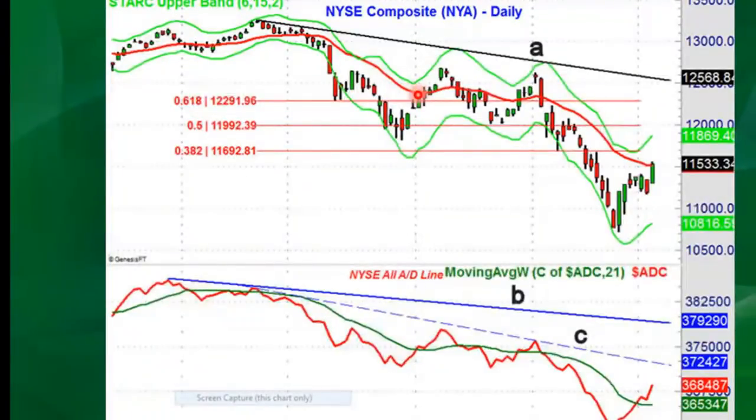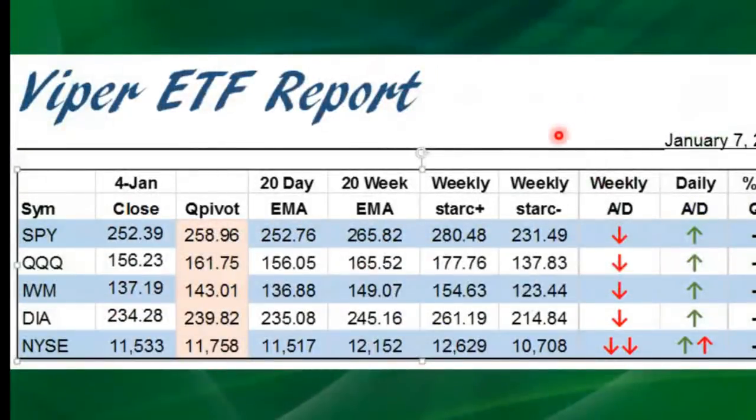And at this point, it made a low, higher low, but still in a downtrend, a lower low, lower high. And of course, rallies back to the 20-period EMA, I've written about this in the past, are usually good selling opportunities.